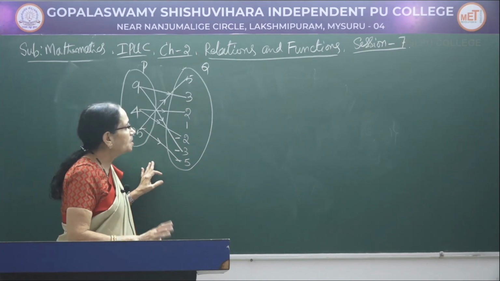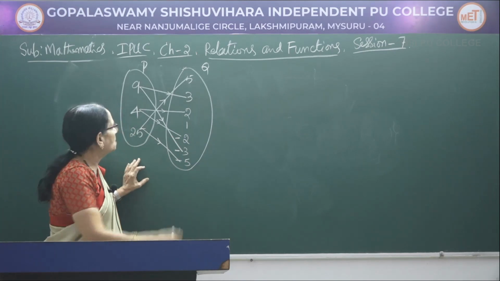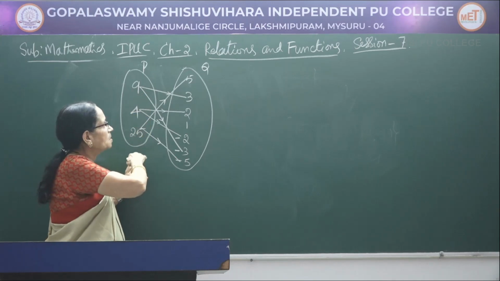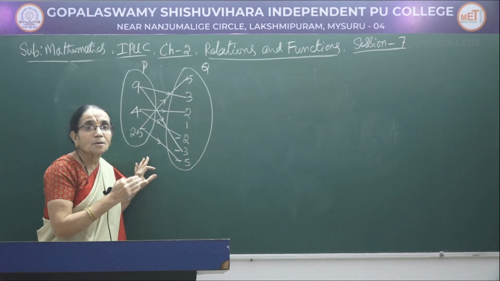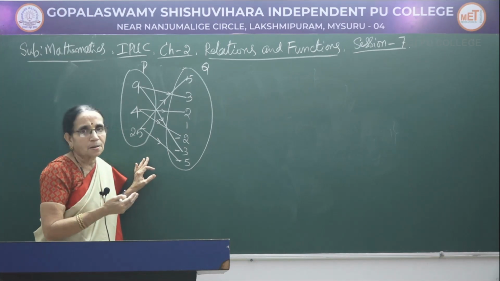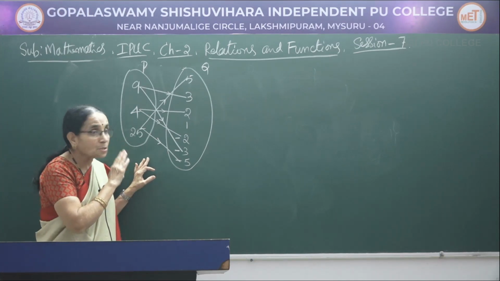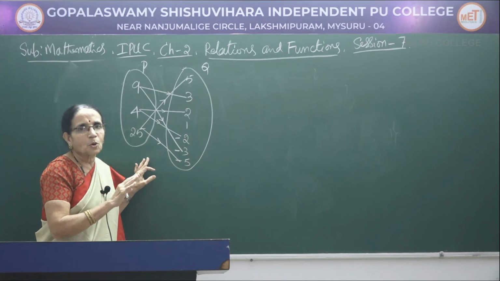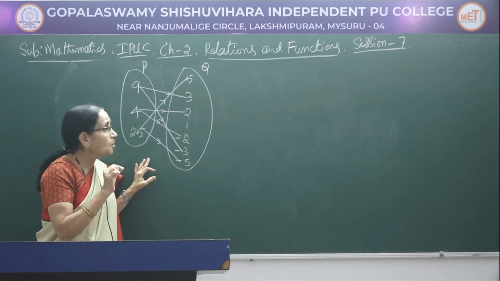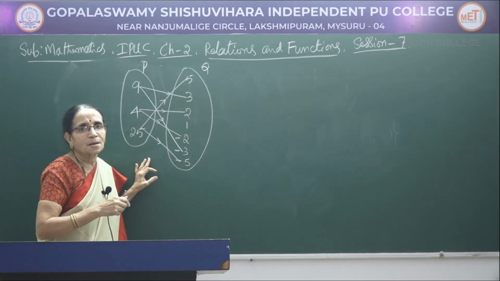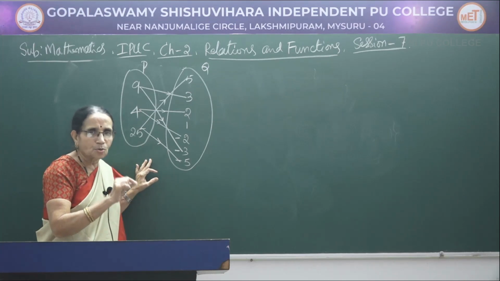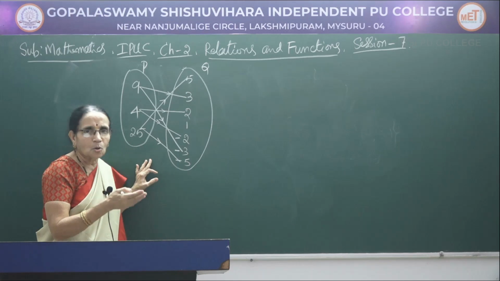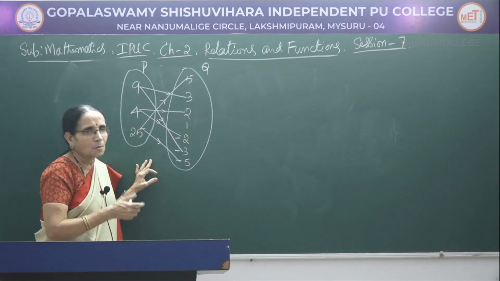The elements of the first set have been associated with the elements of the second set Q. Looking at the way they have been related, we have to observe the numbers properly, then we will know what the relation can be. After knowing that, you can write in the set builder form, then in the roster form, and then calculate the domain, codomain, range, whatever has been asked here.